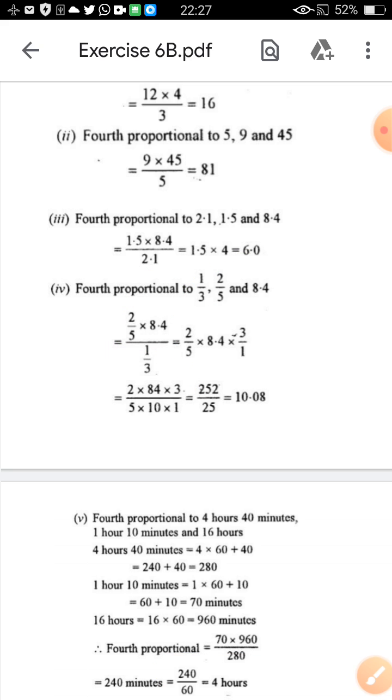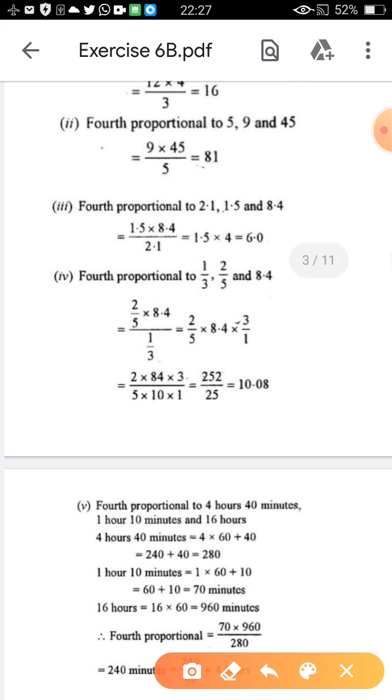See, do the conversion and write it properly. 2 upon 5, I have written first, then multiply by 8.4, then 1 upon 3, take the reciprocal, which will be 3 upon 1. Okay, then here we can eliminate the decimal point in 8.4.